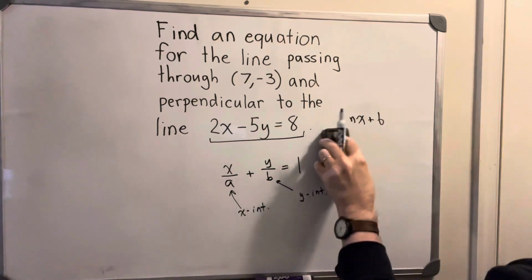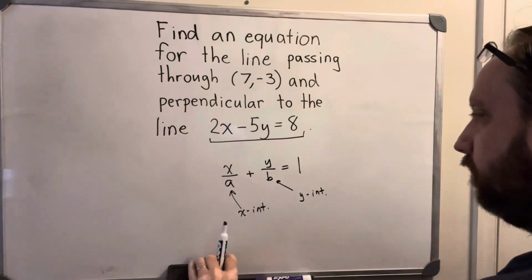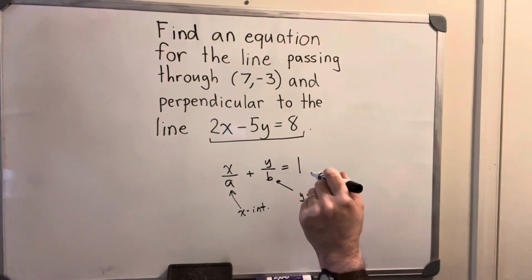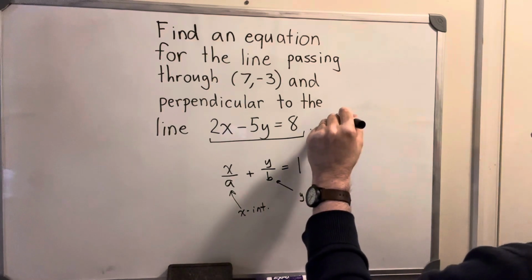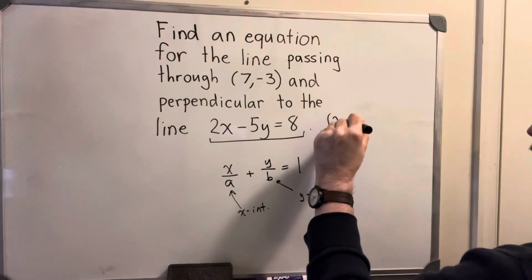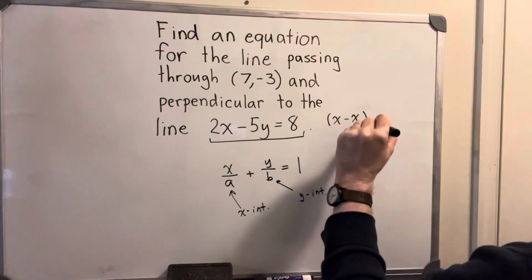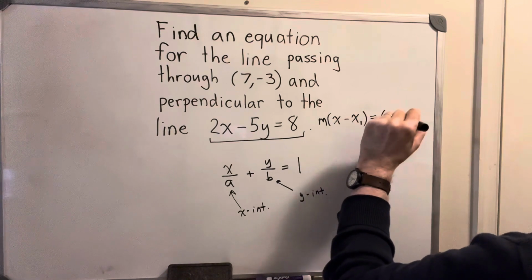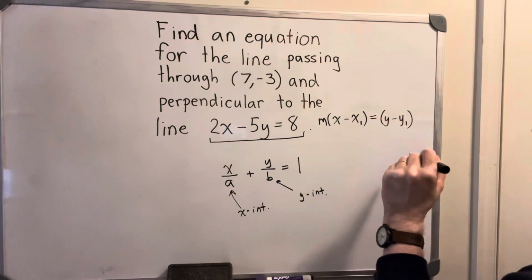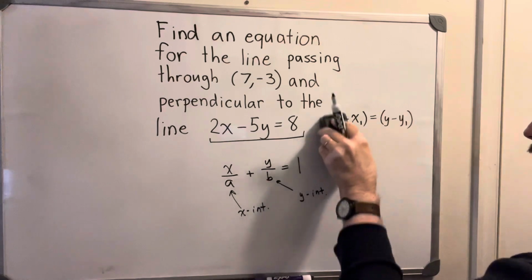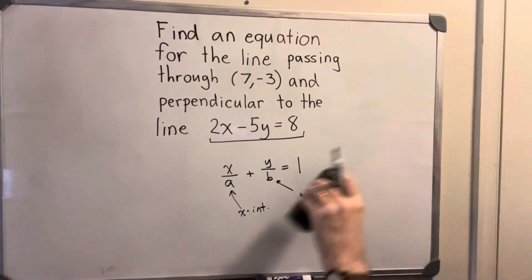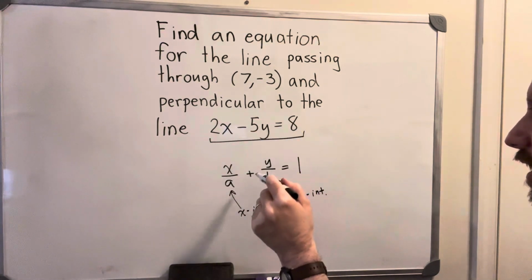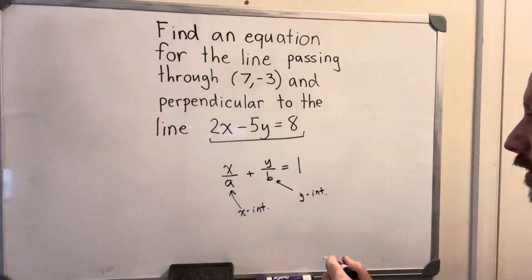You could figure out a particular point on this line, and you could use the point slope form. But what I'm going to do is try to convert this form into the intercept form.